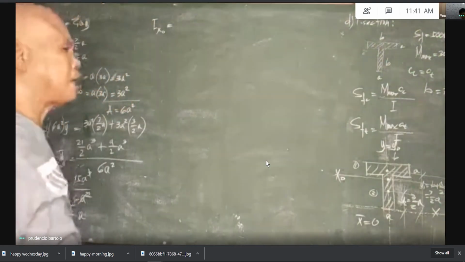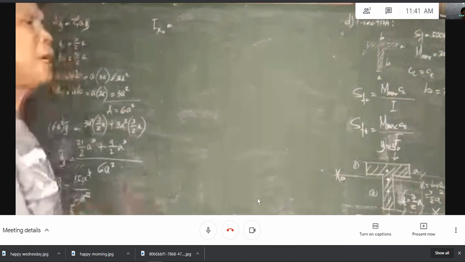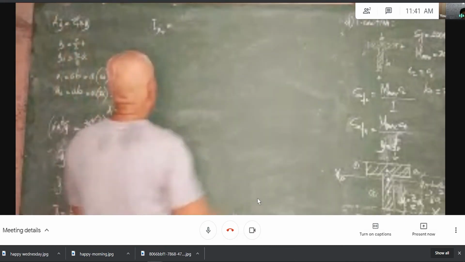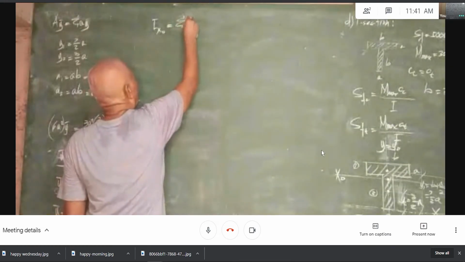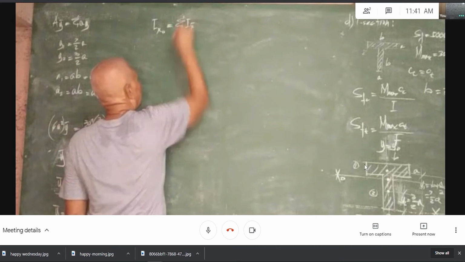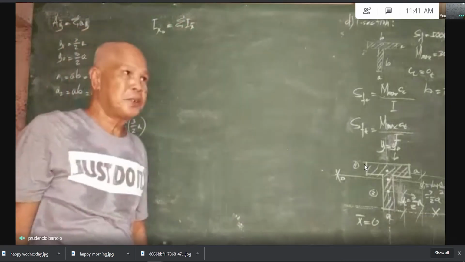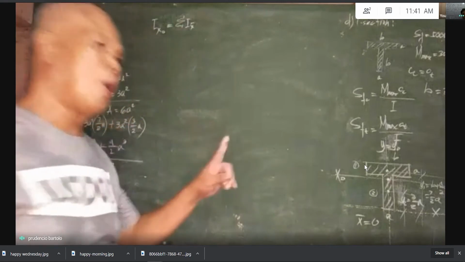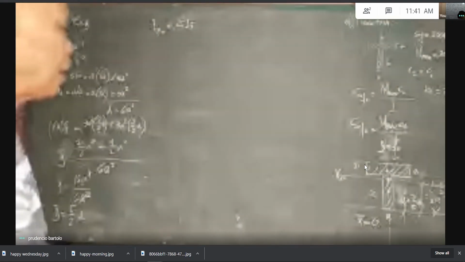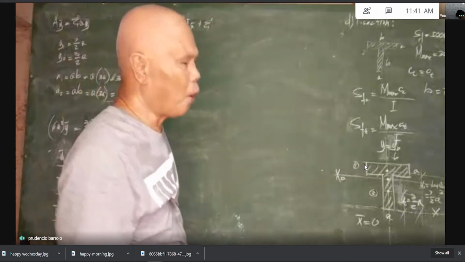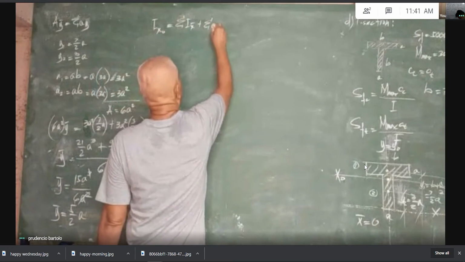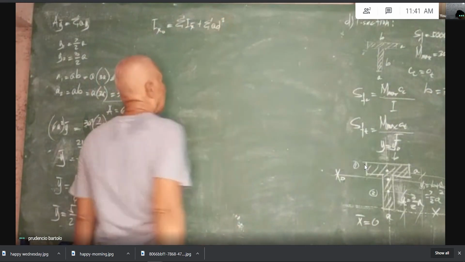Centroidal moment of inertia of the composite figure, which can now be equal to the summation of I bar x of each figure in the composite figure, plus the summation of the AD squared element.